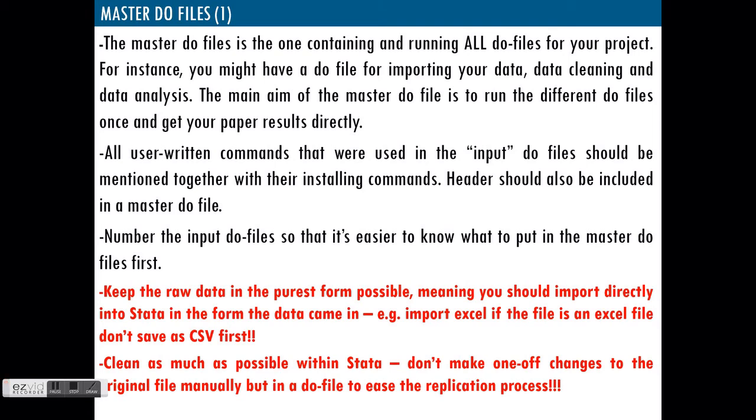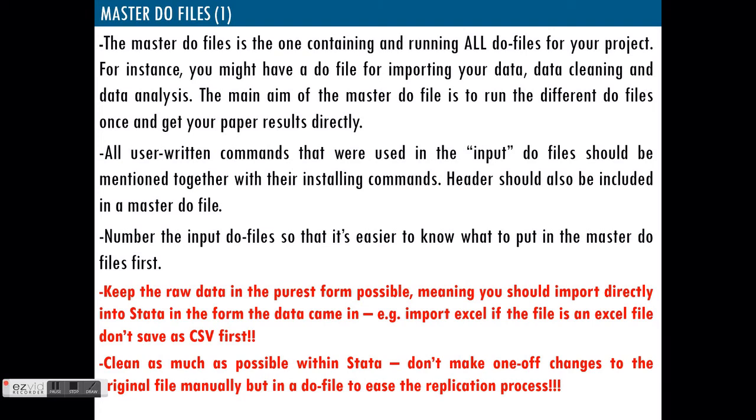And you also have to put the number of your input do file in such a way that you know which specific input do file should run first. So you have to be able to say, for instance, this do file about importing is the first input do file. The other do file on data cleaning is the second do file, and the other do file on data analysis is the third do file.